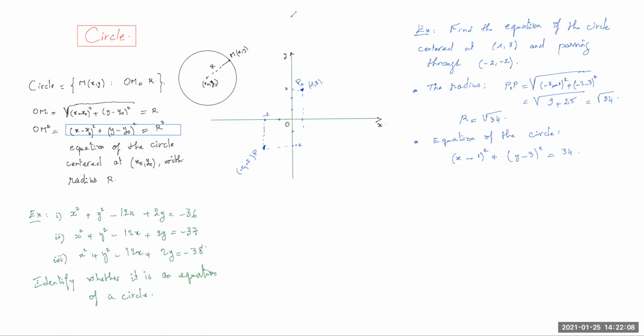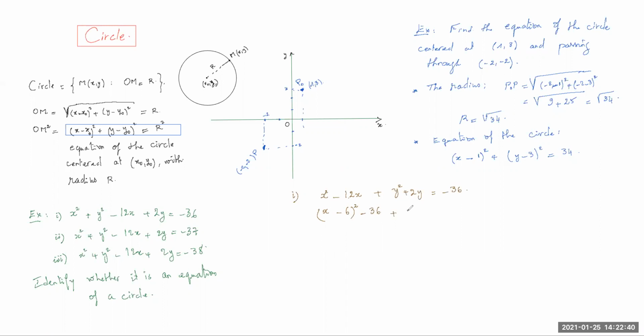So first, completing the square. I rewrite my expression, regroup the x's, regroup the y's, equal -36. So the beginning of the square here is (x - 6)², since 2 times 6 gives the middle term. If I develop it, I will have +36, which I don't have, so I will subtract it.